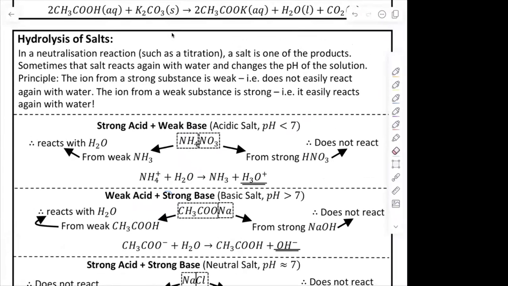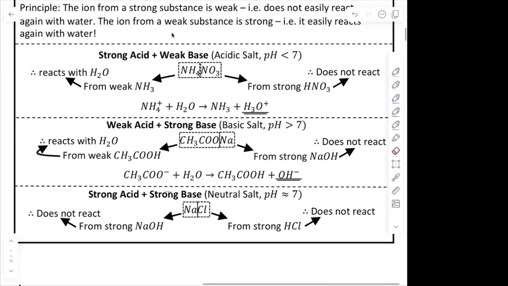If we end up with an acidic salt, it will make my pH more acidic. If we end up with a basic salt, it'll make my pH more basic. But if I end up with a neutral salt, it will not change the pH of my solution, because none of the parts will react with my water again.